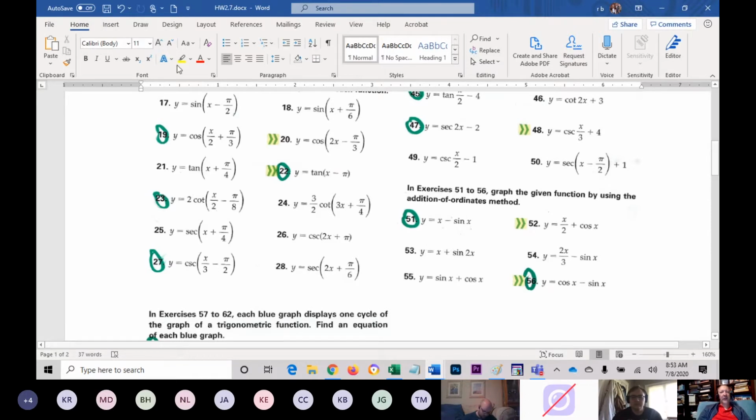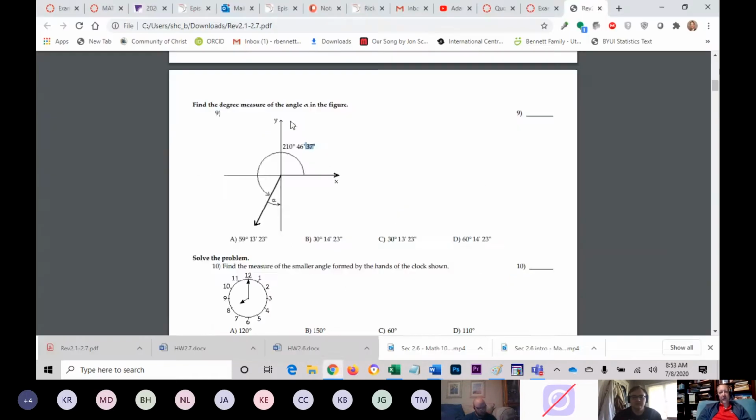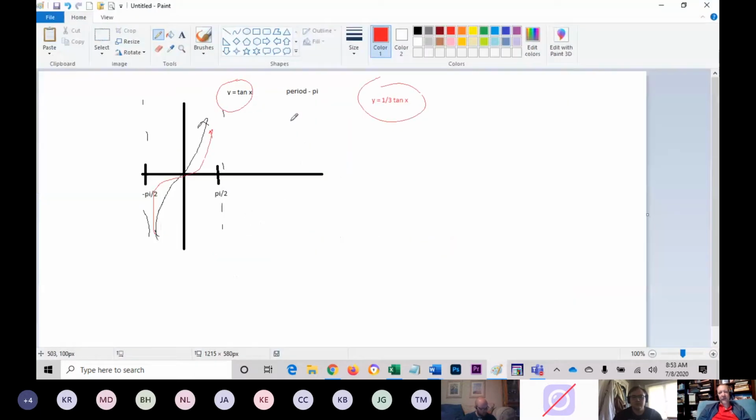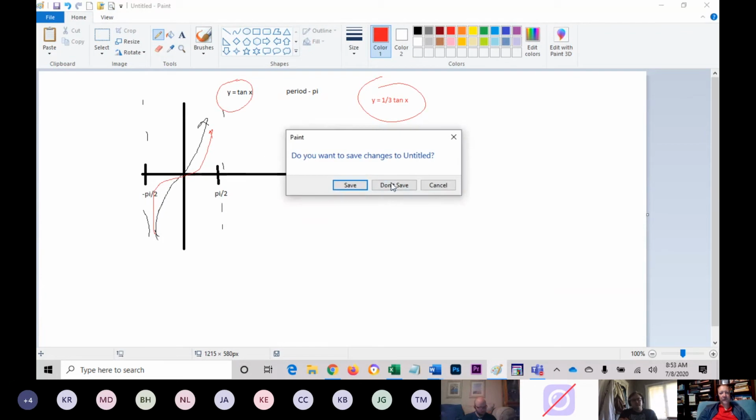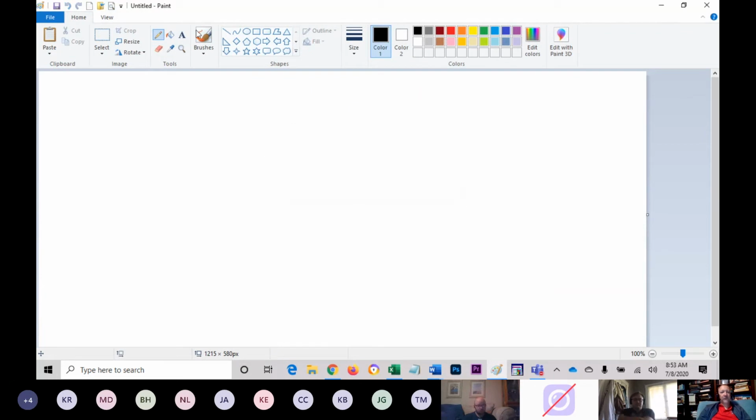So this is going to be tricky, and I'm going to use multiple colors on here. And we're going to do our best. I need a new graph, so we don't need that anymore, right? Okay. So we'll just do it for one period, see how it works. Okay. It's going to be 1, that's going to be -1.